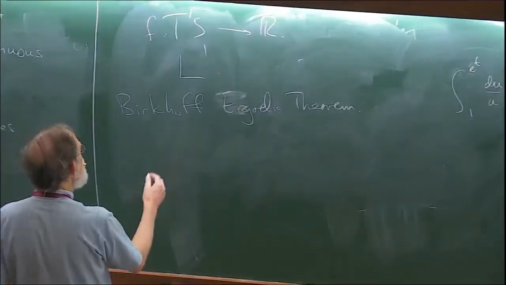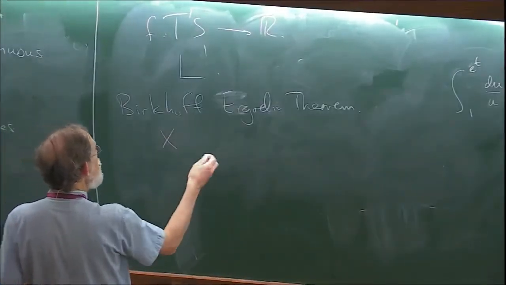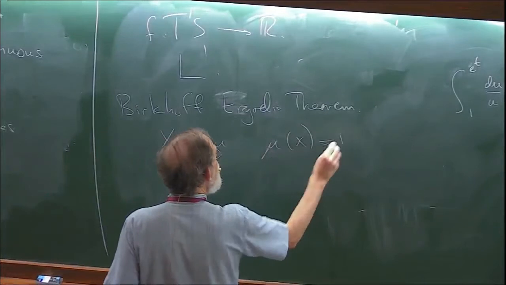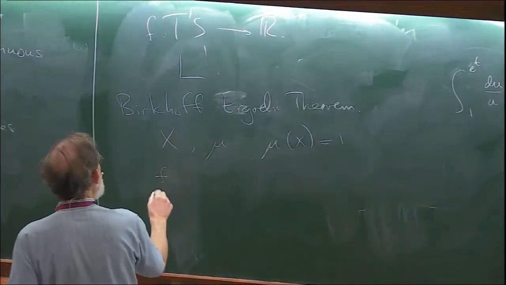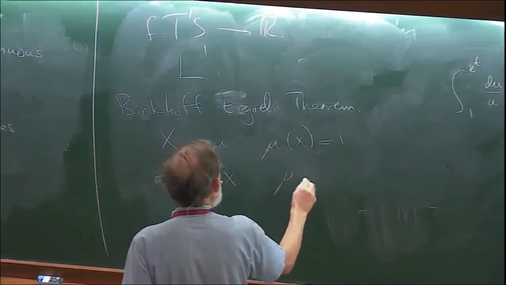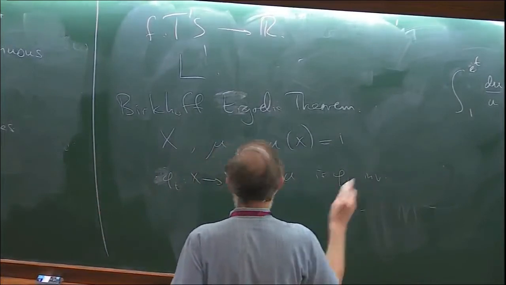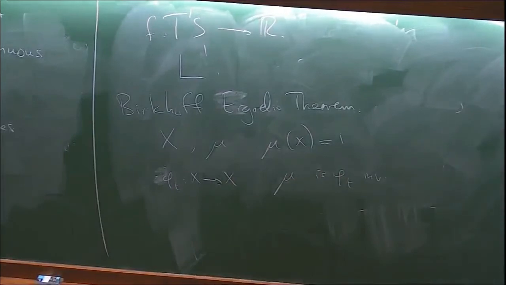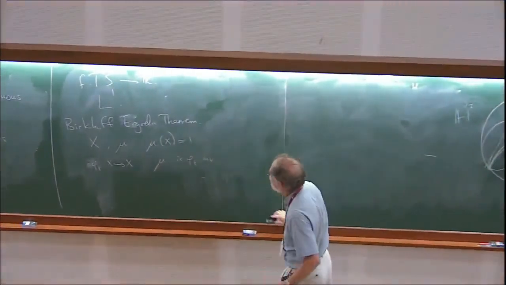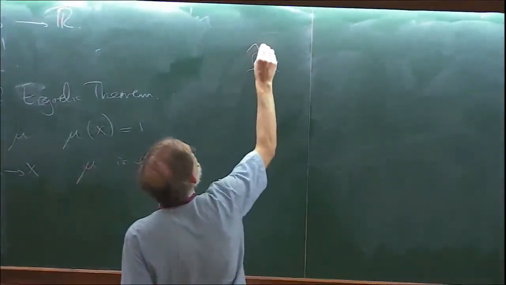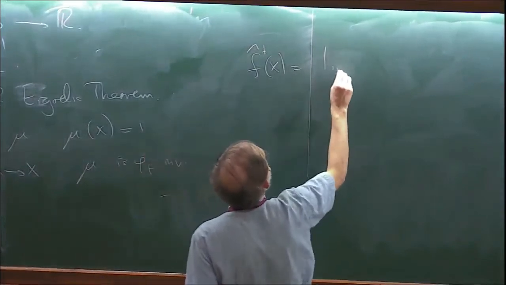So suppose I have a space X, and I have φ_t from X to X, and μ is φ_t invariant. So I have a flow on some space with an invariant probability measure. And now if I pick a point x in X, I can write down the following definition.